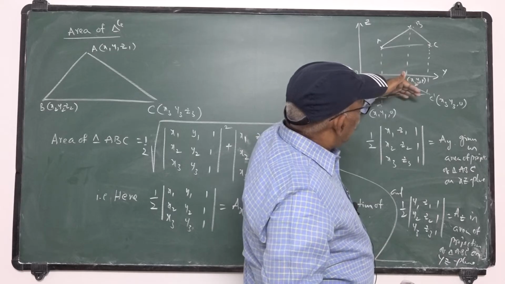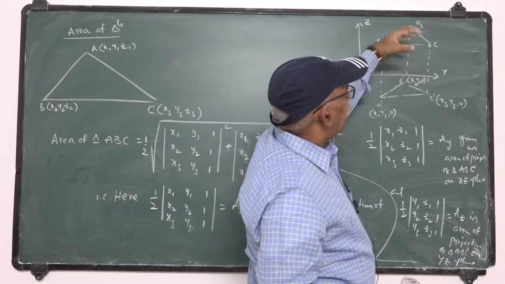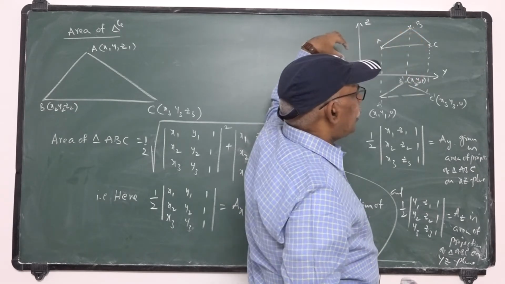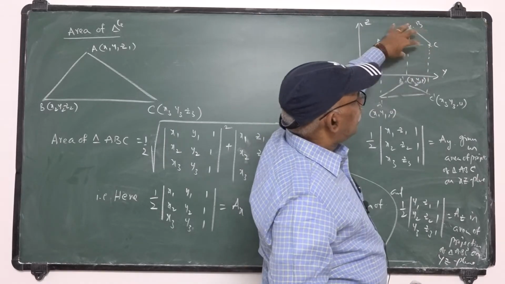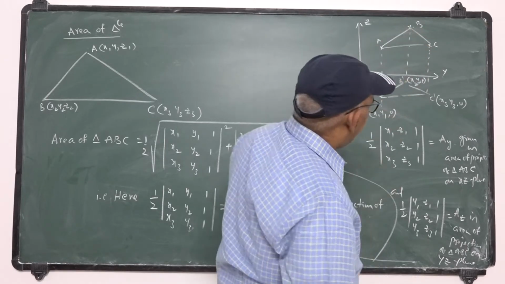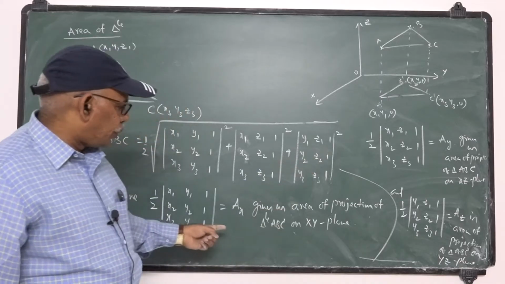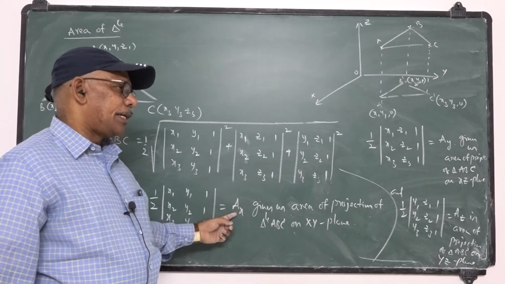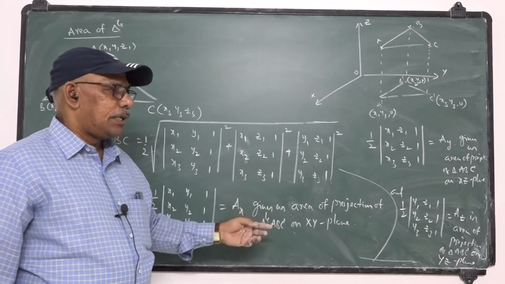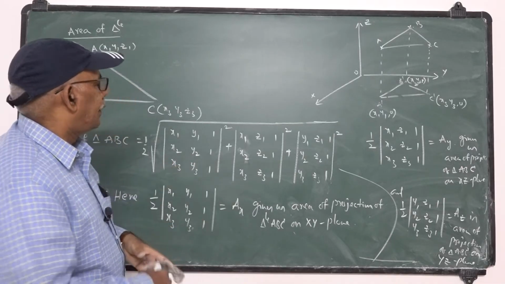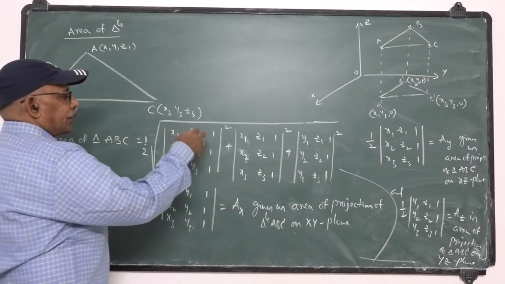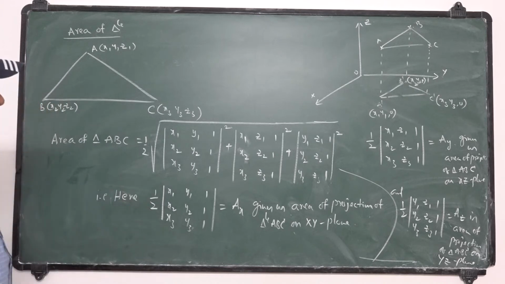Taking the areas of the projections of the triangle as Ax, Ay, Az, the required area is half the square root of Ax squared plus Ay squared plus Az squared.